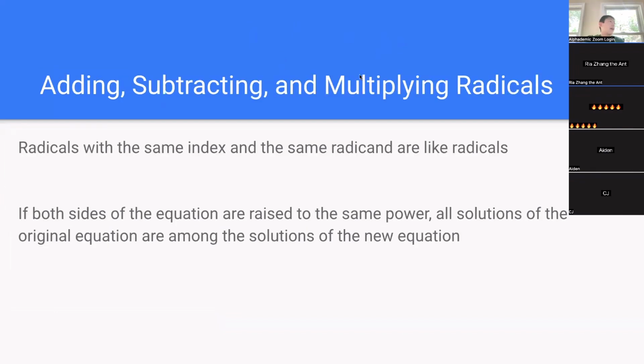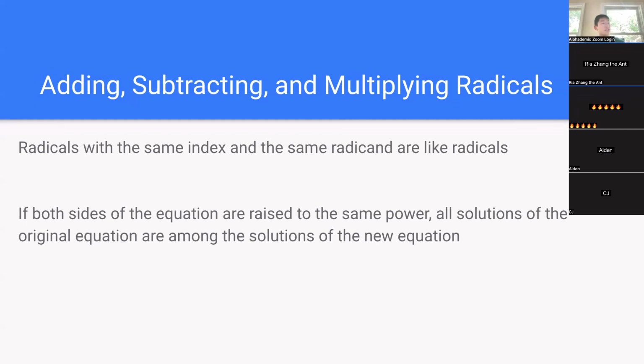All right, adding, subtracting, and multiplying radicals. So radicals with the same radical index and same radicand are like radicals. Remember, the index is just the number outside the square root, and the radicand is whatever expression is inside of the square root. So those two have to be the same.